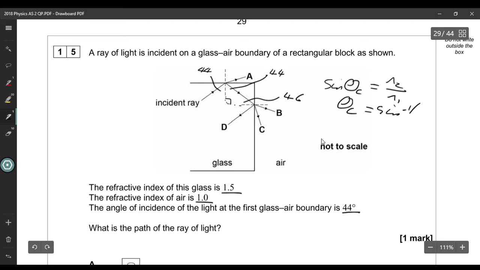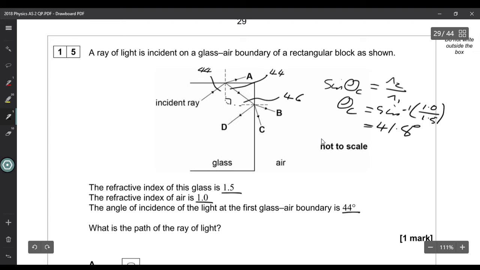sine minus 1, then it's 1.0 divided by 1.5, so it's our refractive index of the air divided by the refractive index of the glass, and that comes out to be 41.8 degrees.